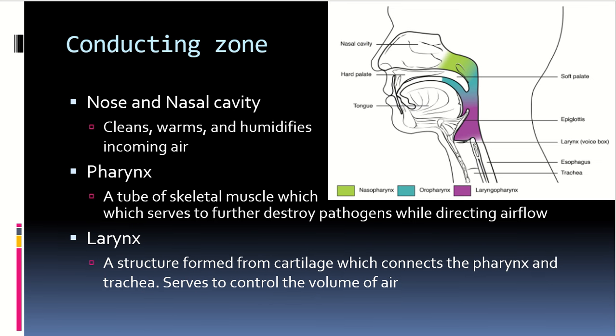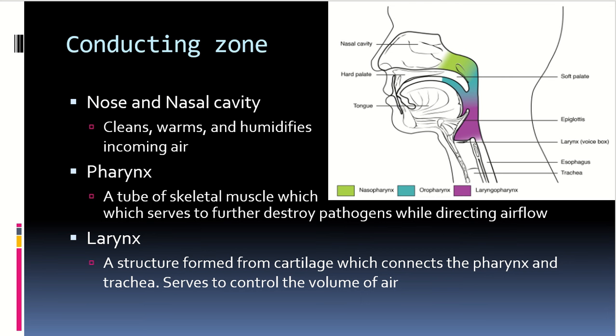in our body. Now, for the machinery of the conducting zone, you can start off with the nose and the nasal cavity, which, if you are a nose breather, has the benefit that it cleans and warms up the air and also humidifies it so that it doesn't dehydrate your lungs as it's going down toward them.